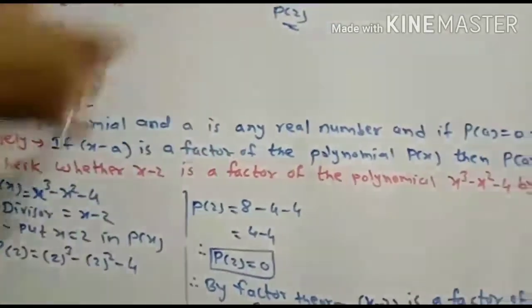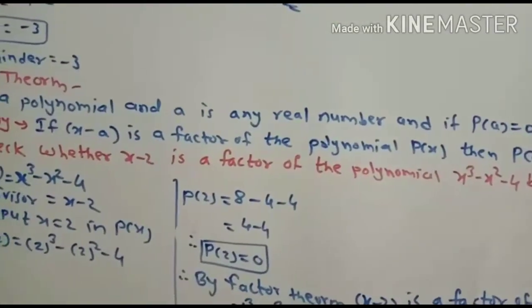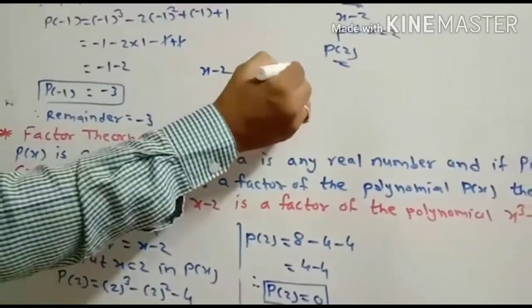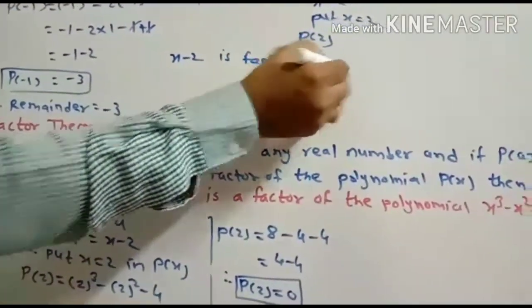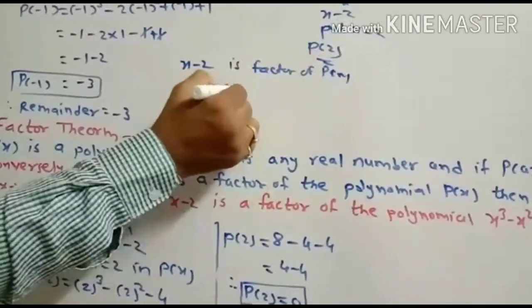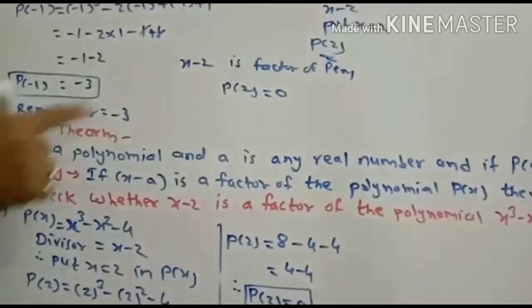Its converse is: if x - a is a factor of the polynomial p(x), then p(a) = 0. For example, suppose x - 2 is a factor of p(x), then we can say that the value of p(2) is 0.